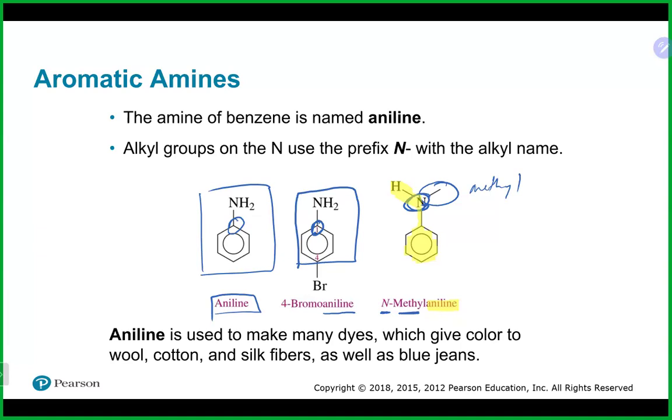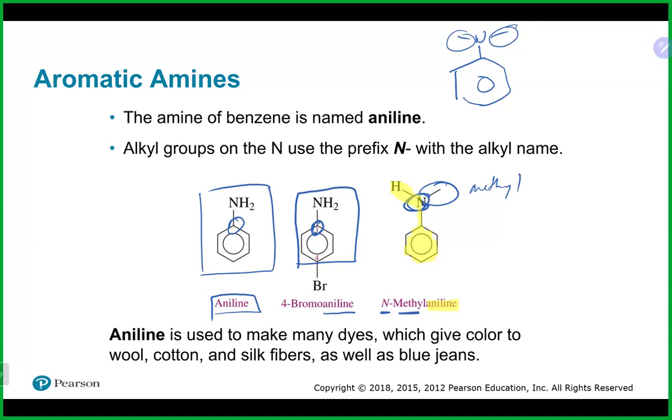By the way, if we had something like this, and maybe 2 methyl groups attached to the nitrogen, just like what we do with carbons, if we have groups attached to multiple locations, we give the number twice.